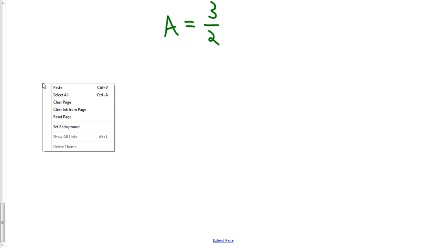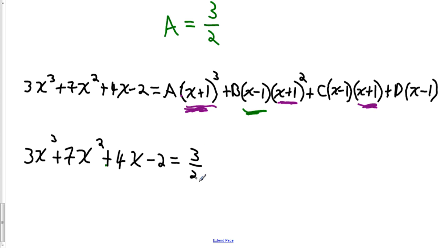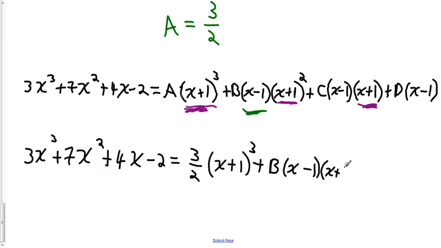So I still have this thing here. And I'm going to copy it, putting in all the things that I already know. For instance, 3x to the third plus 7x squared plus 4x minus 2. I know a is 3 halves. I know that for a fact because I've just found that. And I'll have x plus 1 to the third power plus, I don't know b, x plus 1 squared.